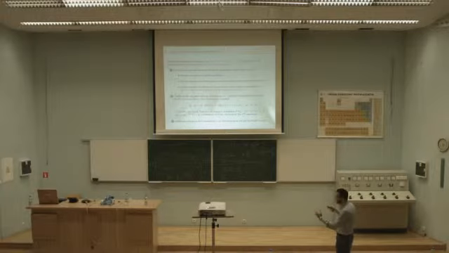This is not the only issue that we have to face when trying to construct spinform models. We also have to deal with the choice of the quantization map, that is, with the choice of the operator order ambiguities.